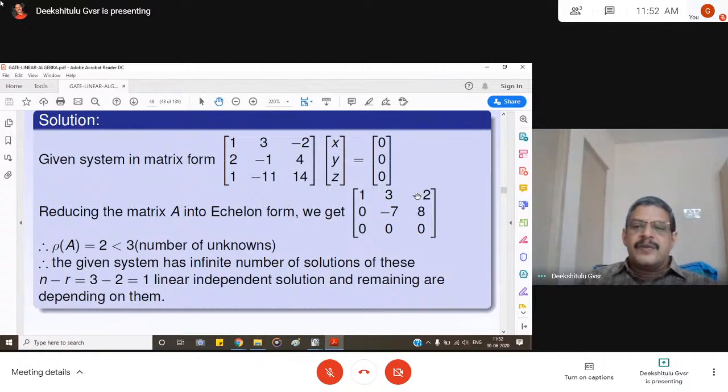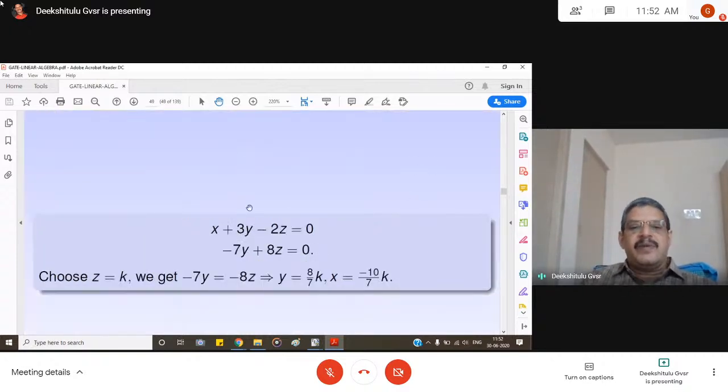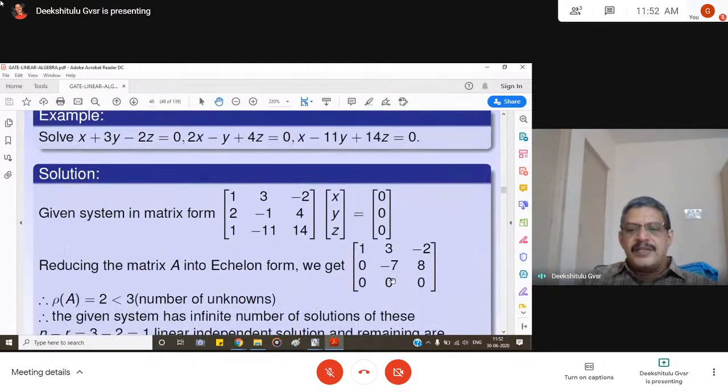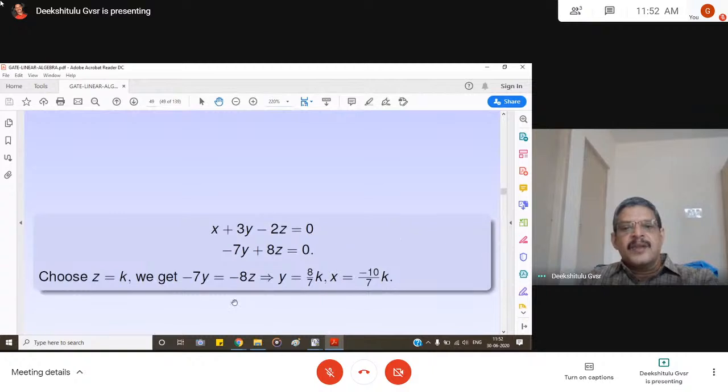What we do is, first write down the equations. x plus 3y minus 2z is equal to 0, minus 7y plus 8z is equal to 0. Then assign n minus r arbitrary values to n minus r variables. Now n is 3, r is 2, rank is 2.